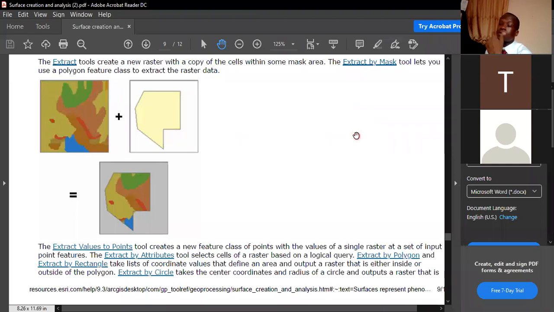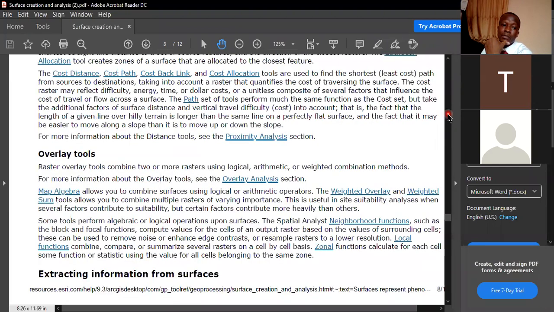Yes, overlay tools. The raster overlay tools combine two or more rasters. Take a picture.